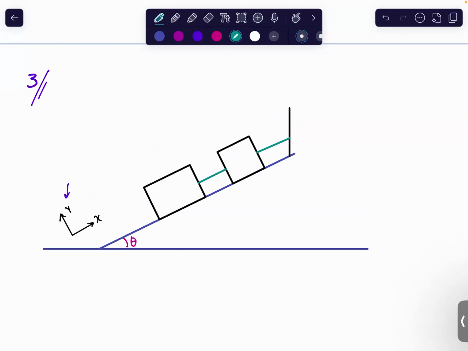Okay, so these are going to be tensions. All right, so let's think about what other forces we have present. Both of these are going to have a gravitational force.